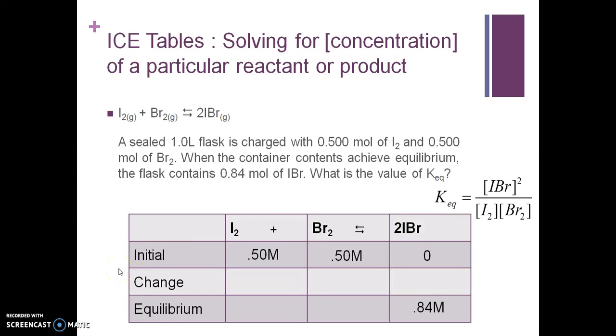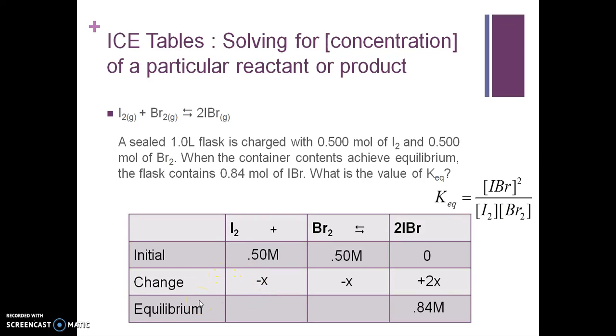So I'm going to use X to represent this, and in my change box I know I'm going to lose my reactants, so they're negative X, and then I'm going to gain product. And since I have a 2 as my coefficient, I know I'm going to make twice as much product as I lost of iodine or bromine. So iodine, bromine, there's my change. This is what happens when I'm trying to get to equilibrium.